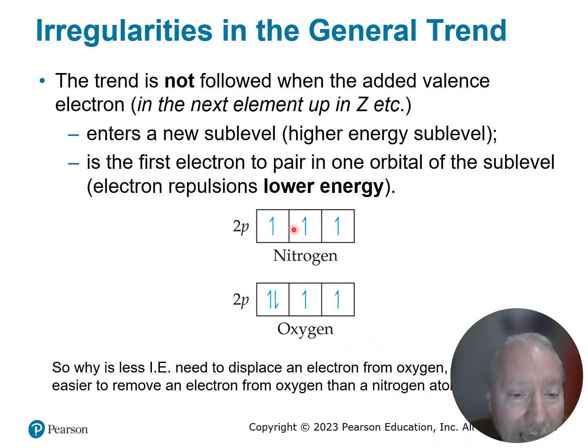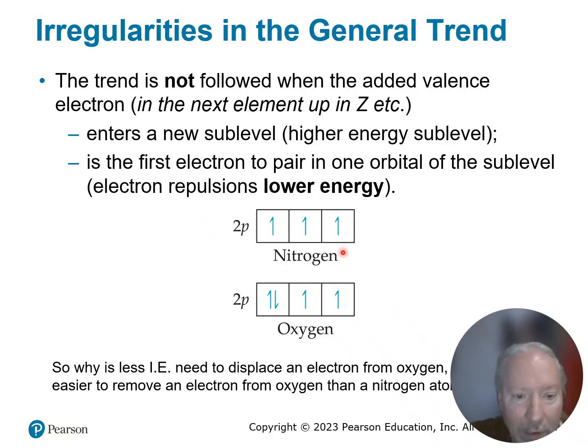We'd only have 3 like nitrogen, and that's not so difficult to do. There are 4 electrons here in the 2p orbitals of oxygen. There's only 3 in nitrogen. If we take one of them, we end up with all the suborbitals singly occupied with parallel spin. That's very energetically favorable.